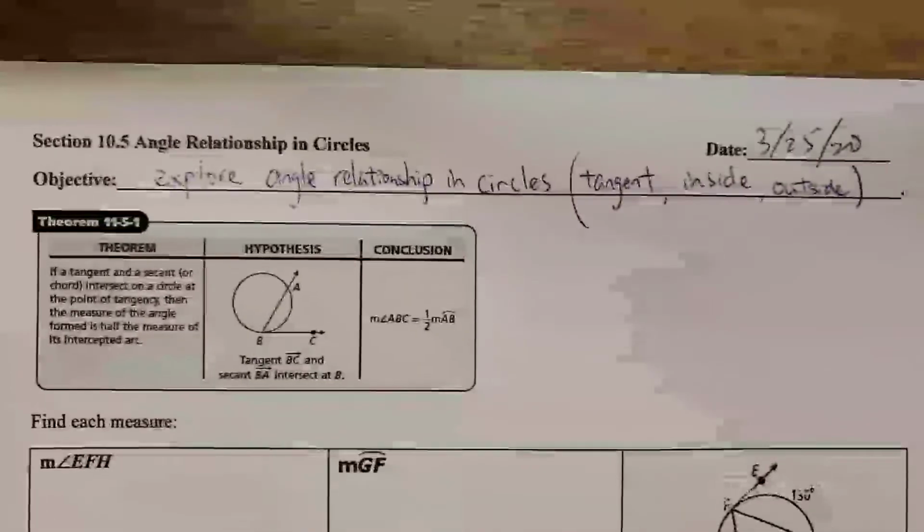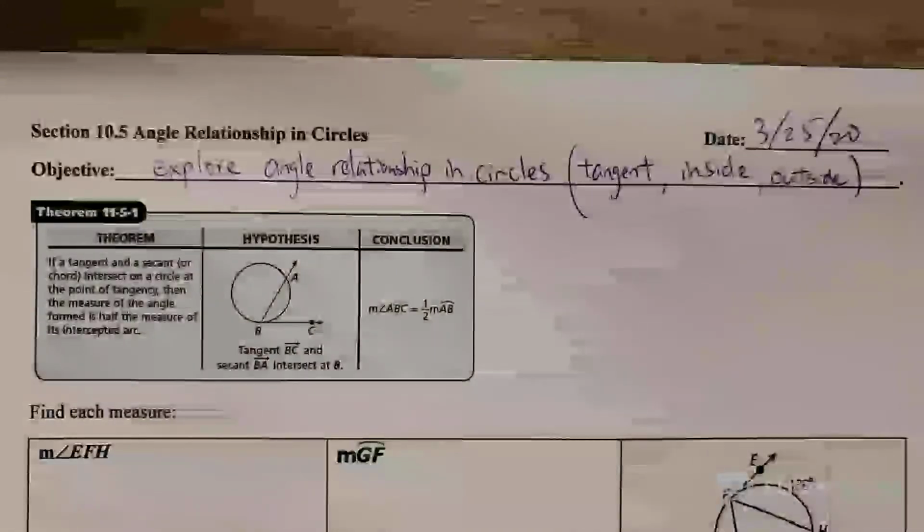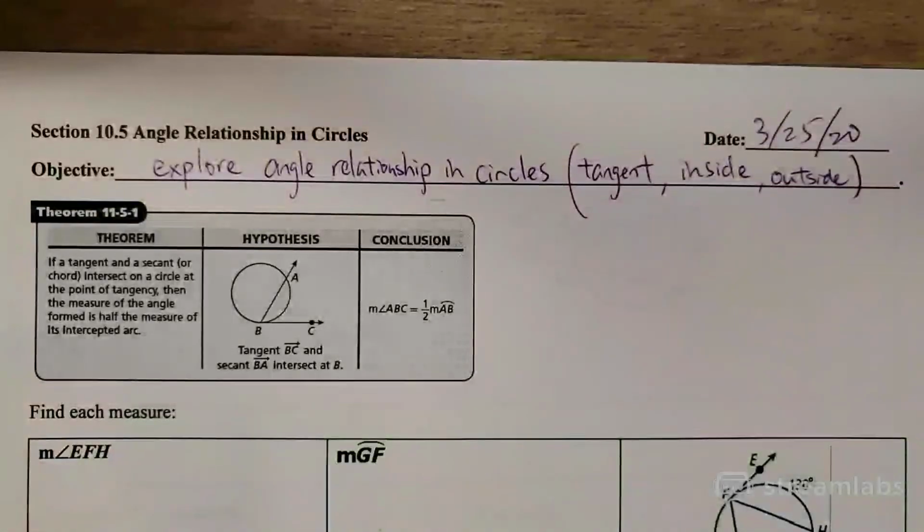There are 3 different cases for our theorems, and they're very similar in terms of the calculation, but we're going to talk about how to use them individually. This section is going to be a lot about seeing the right parts, because when there are a lot of lines in a circle, it's hard to start identifying parts without experience. So it takes a lot of practice. That's why we're doing problems together, okay?